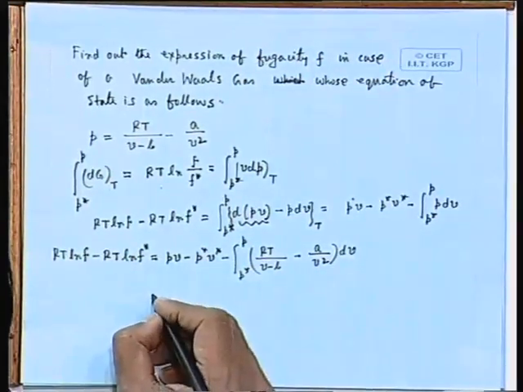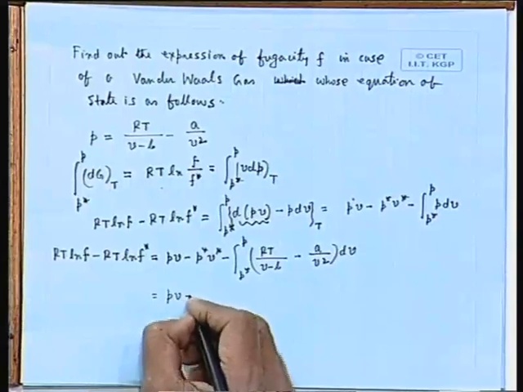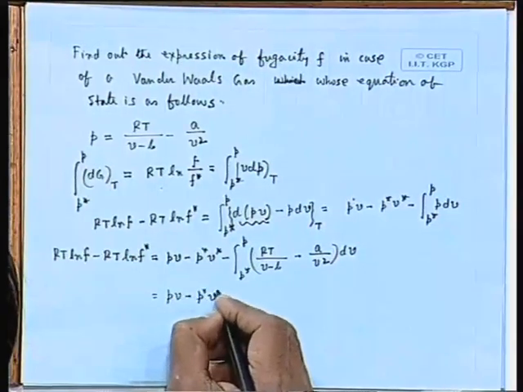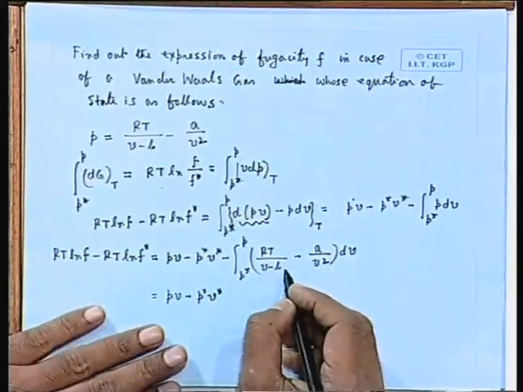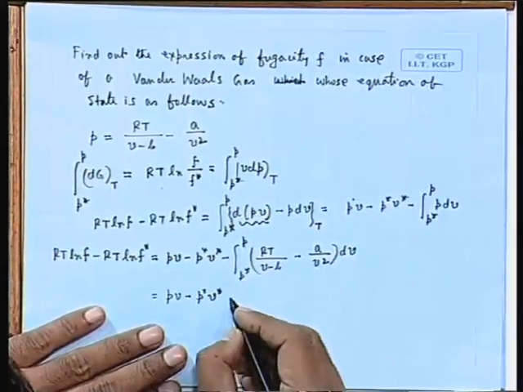If we integrate it in the next step, RT/(V minus B) gives ln(V minus B) from P to P star, so the minus sign is there.